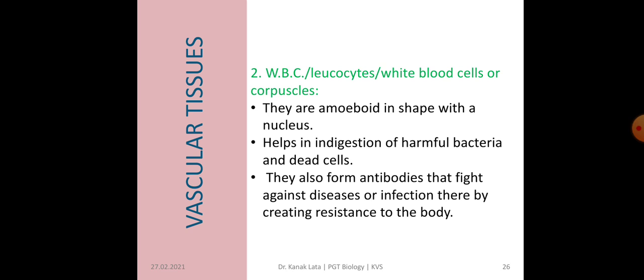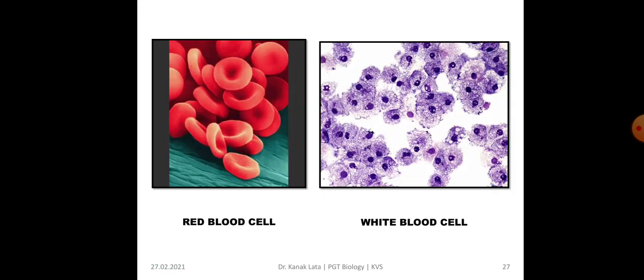They also form antibodies within the body that fight against diseases or germs that enter our body, thereby creating resistance in the body. So WBC is also called the soldier of the body. Here you can see the shape of red blood cells and white blood cells.